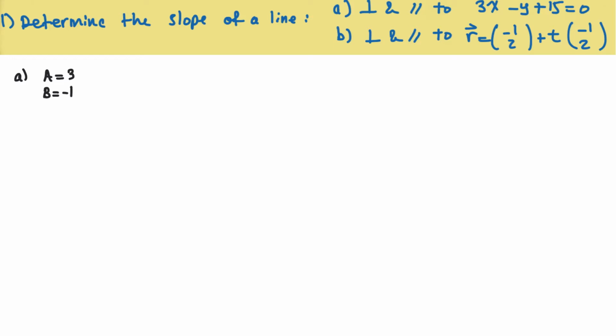That means the normal to our line here is going to have components 3, negative 1. So 3 in the x direction and negative 1 in the y direction is the normal to our line.